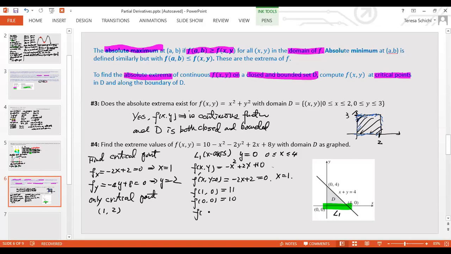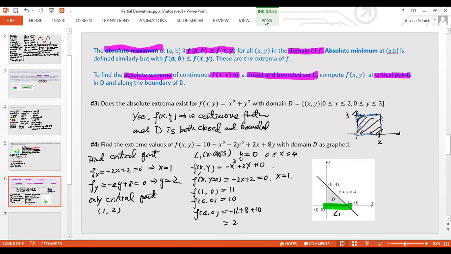Then we substitute the other endpoint, 4, 0. So 4, 0 is negative 16 plus 8 plus 10. Oh, okay, it's 2, right?